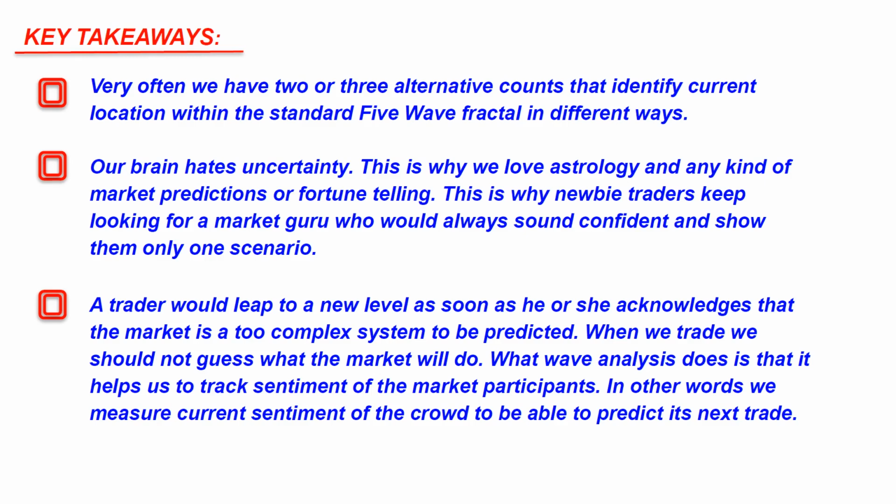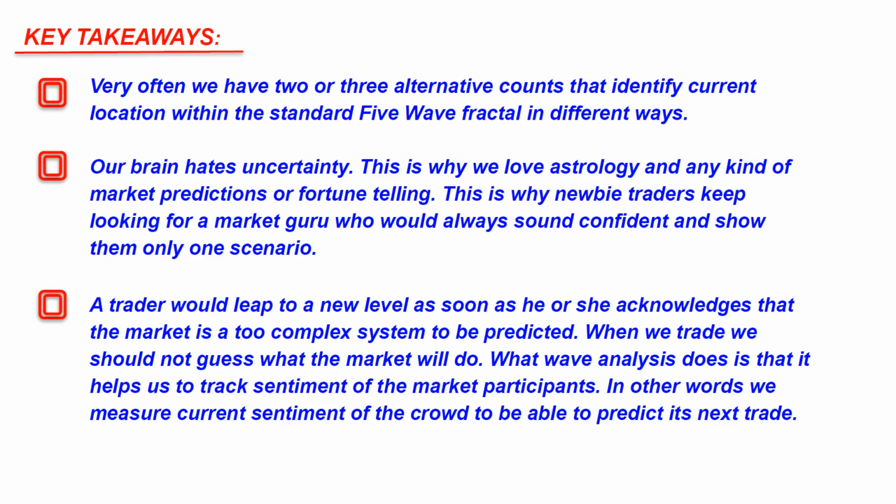But a trader would leap to a new level as soon as he or she acknowledges that the market is too complex a system to be predicted. When we trade, we should not guess what the market will do. What wave analysis does is that it helps us to track the sentiment of the market participants. This is why we track those fractals, because those fractals keep repeating, because people's psychology is not changing.